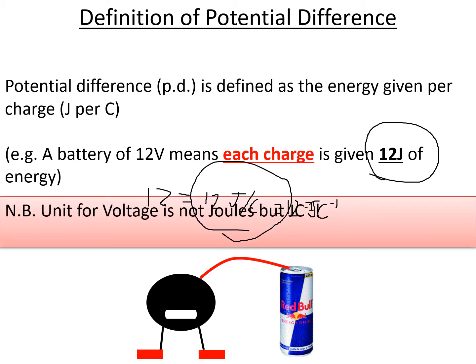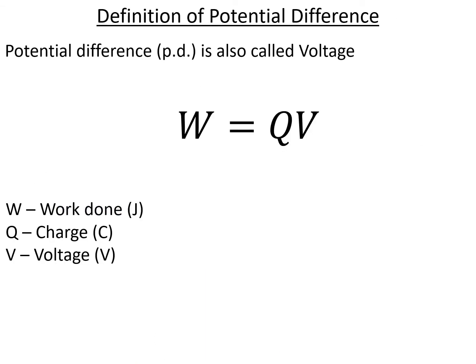Okay, and then just to let you see that, it says the unit for voltage is not joules, but joules per coulomb. And that's a very common mistake people make, is they think it's the energy per charge. So try and remember that it's the energy per charge. Okay, so here's how we define it.